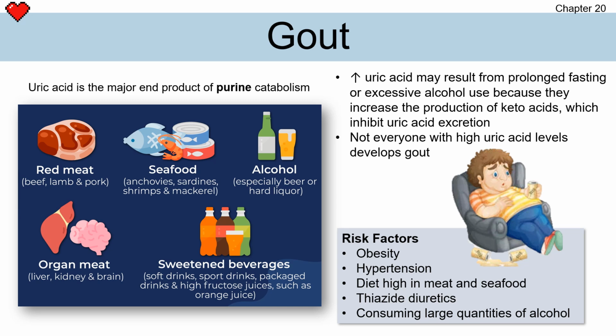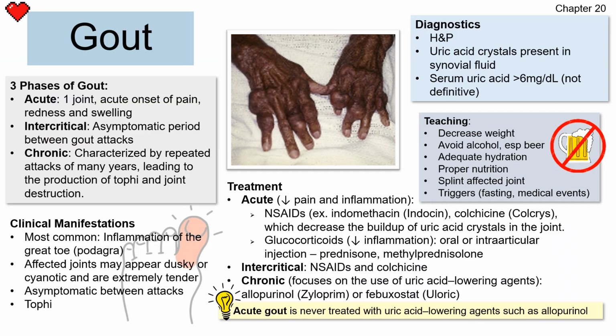So risk factors: obesity, hypertension, eating foods that have a lot of purine, thiazide diuretics specifically, and of course drinking a lot of alcohol, especially beer.